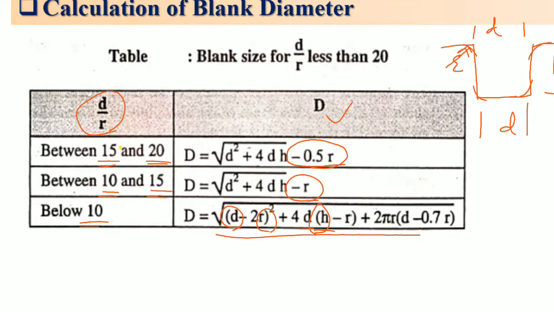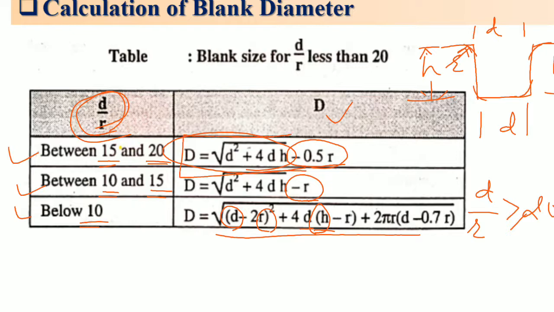These are the terms, and the blank diameter we calculate using this equation: capital D is equal to under root d square plus 4dh, for diameter to radius greater than or equal to 20. This is the height h. For less than that there is a separate equation for different values of d by r. So mainly you have to remember this equation for d by r greater than or equal to 20.